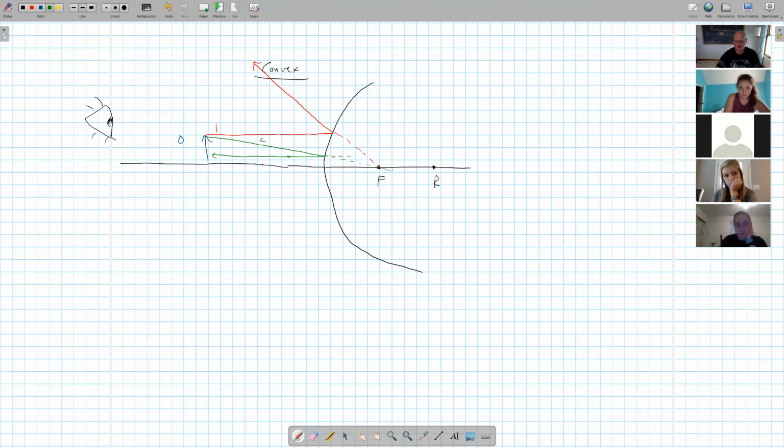The image location is where I ray trace this diverged line backwards through the focal point and ray trace this one, which is parallel to the principal axis, backwards. Where these two cross is the location of the image. So this is my image.